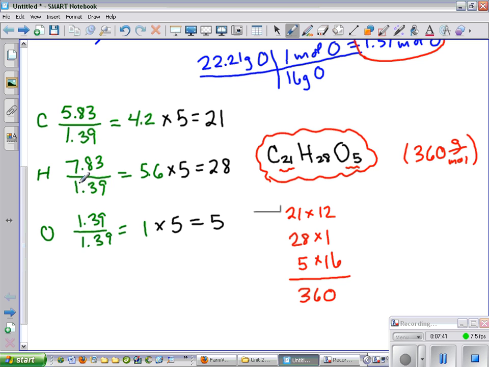We divided each of these by the smallest number of moles, and we got values here. 2 of these were far off from whole numbers, so we found the smallest factor that would give us whole numbers for each of these values. We put them as subscripts. We calculated the molar mass, and we compared it to the molar mass that was given in the problem. And that was the empirical and molecular formula in this case.